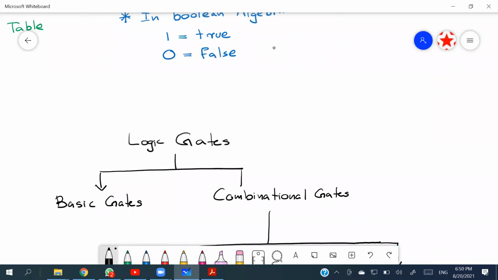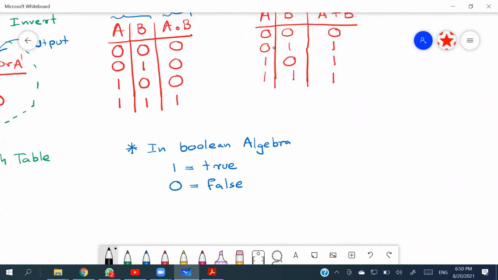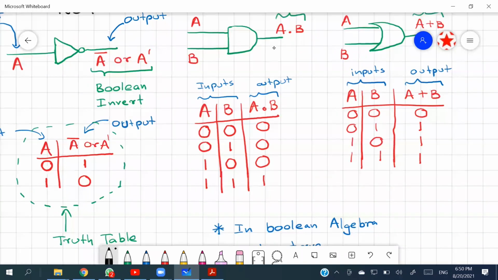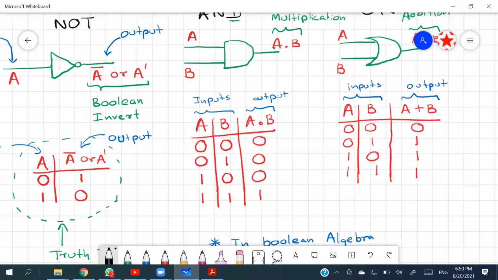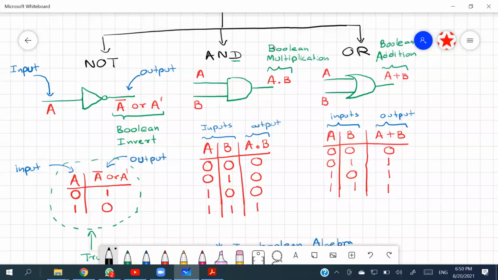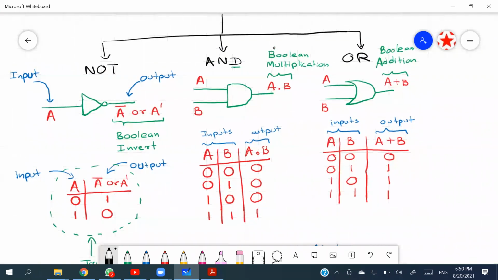Look at the basic gates and their truth tables that we drew on the very first day. As you can see, for the NOT gate, how many inputs are there? Yes, people, how many inputs are there?